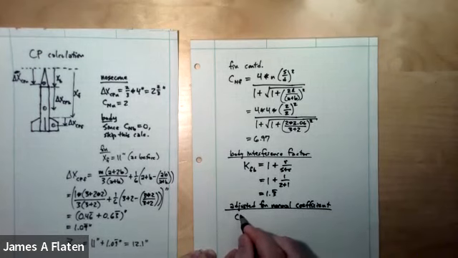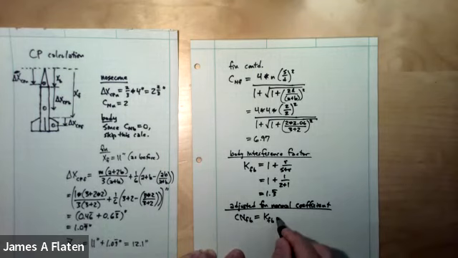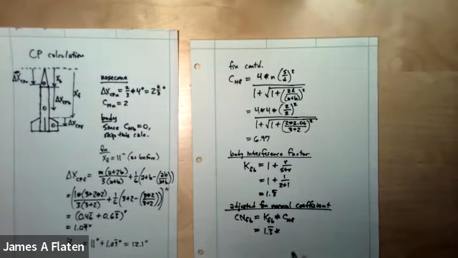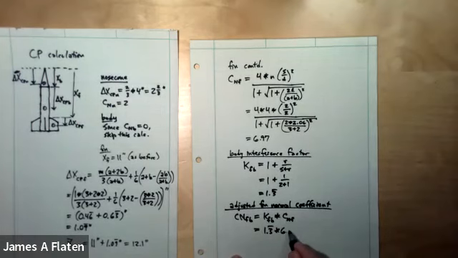Cn fin body is K fin body times Cn for one fin. So that's 1.3 recurring multiplied by the 6.97 that I had up there. That gives me 9.29. So that's the normal coefficient for the fins, considering they're set off from the body.